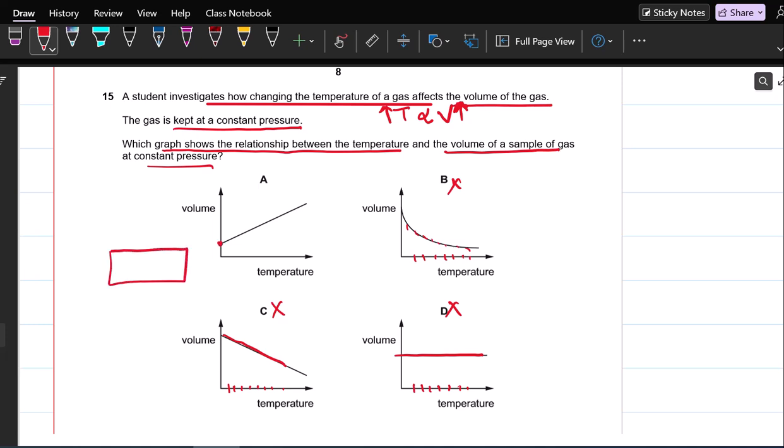Suppose I am having a cylinder, and in this cylinder you have a movable piston. Here are gas molecules. This is the volume, you can say. I start heating it, or you can say increasing the temperature, this piston will move, so volume starts increasing. As temperature is increasing, volume will start increasing. So A is right.